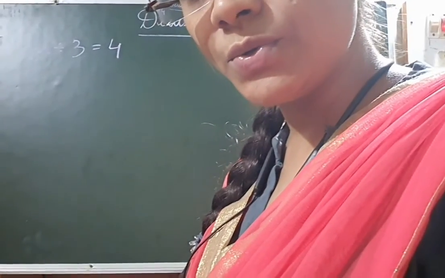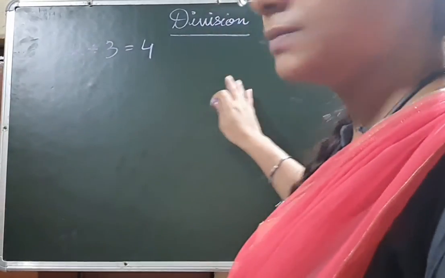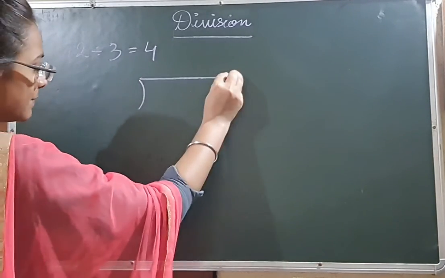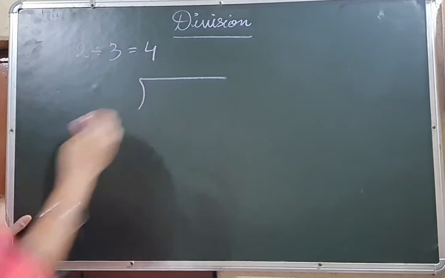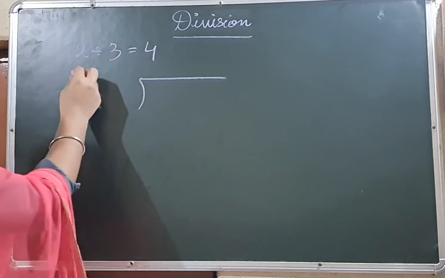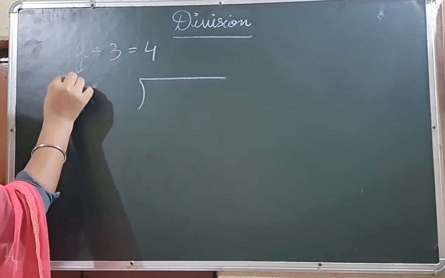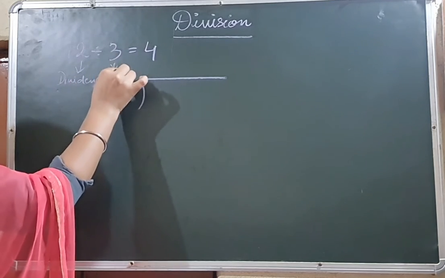For the long division method, you have to draw this type of diagram. One curved line and one straight line here. As you know, this is your dividend, and this is your divisor.